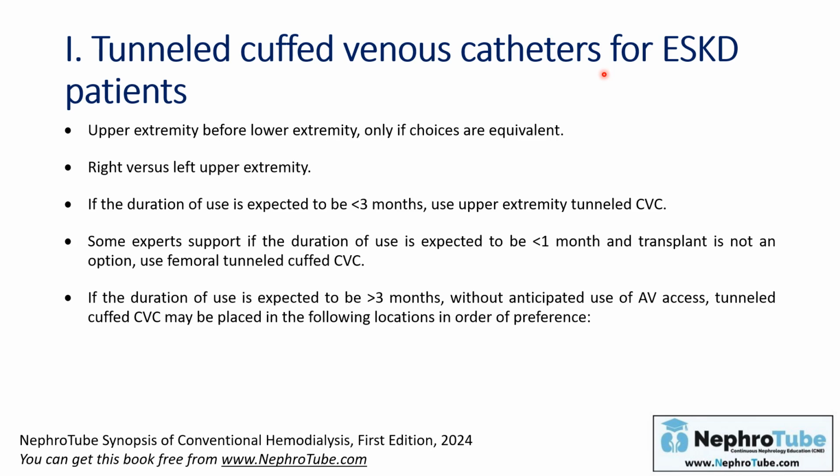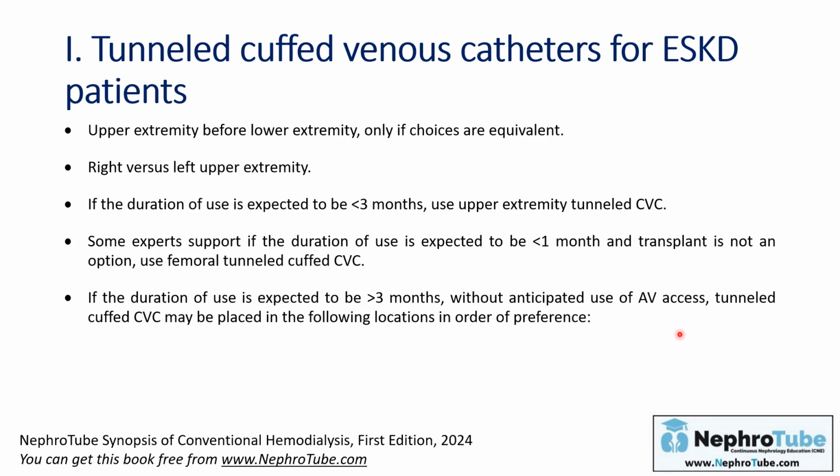If the duration of the catheter use is expected to be more than 3 months without any anticipated use of AV access, tunneled cuffed catheters may be placed in the following order. So now it will be the permanent access of the patient in this situation.